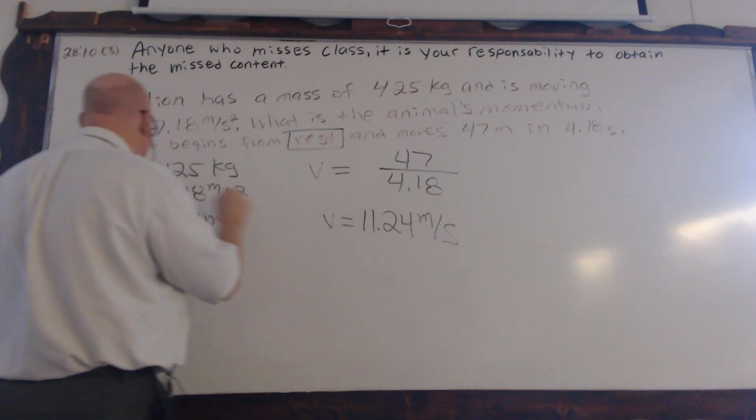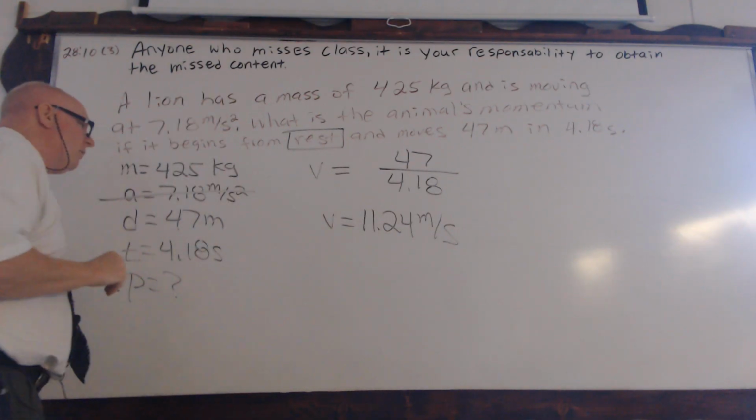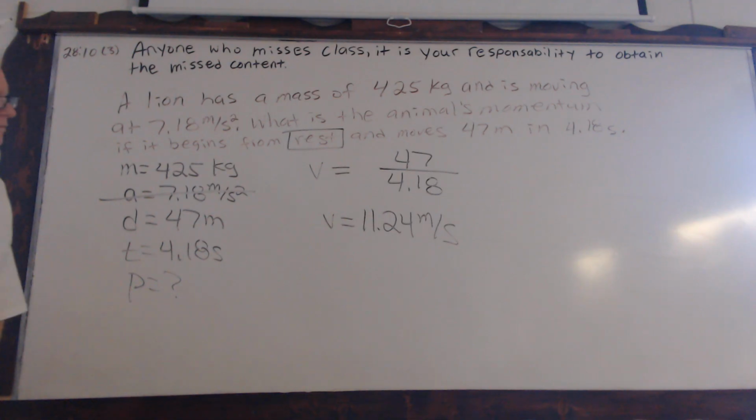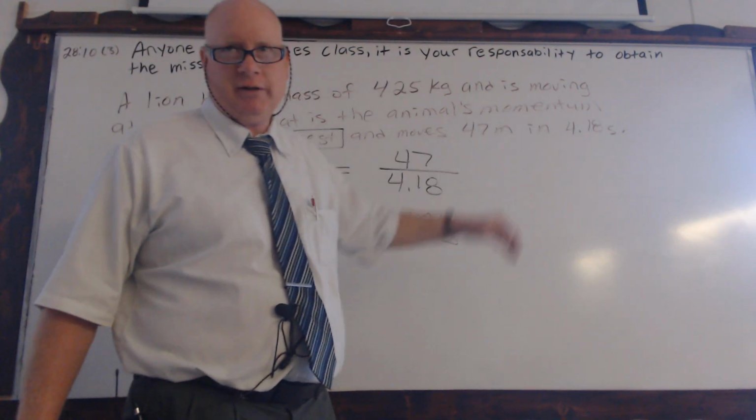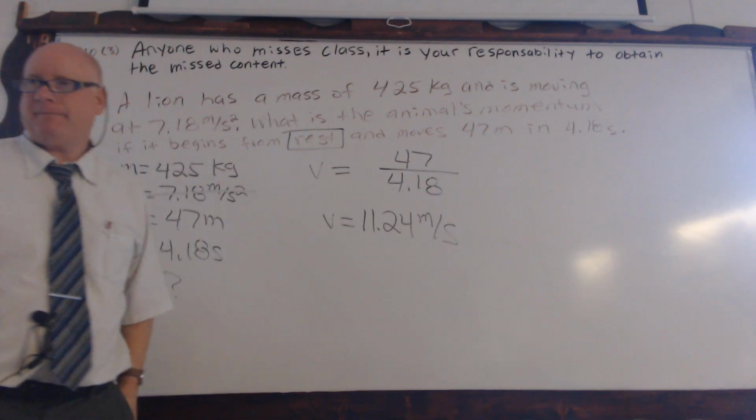So notice we're not going to be using that variable. I didn't write this problem out very well, but now we've got enough information. Is that our final velocity? It is, because we can presume they're starting from rest and then moving this distance in that time.